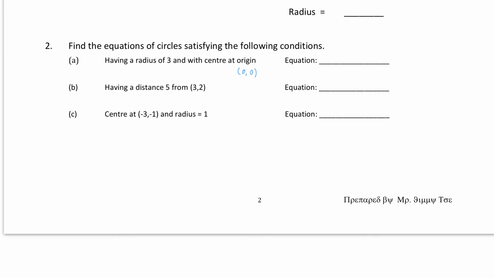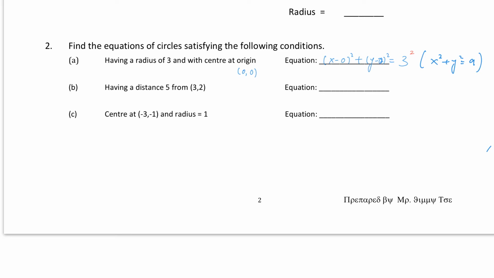According to the center radius form, (x minus 0) plus (y minus 0) all square is equal to the radius square. Maybe you can skip this step. Remember, this is radius square, it's not equal to the radius. Then expand it and simplify it. The final answer is x squared plus y squared is equal to 9.